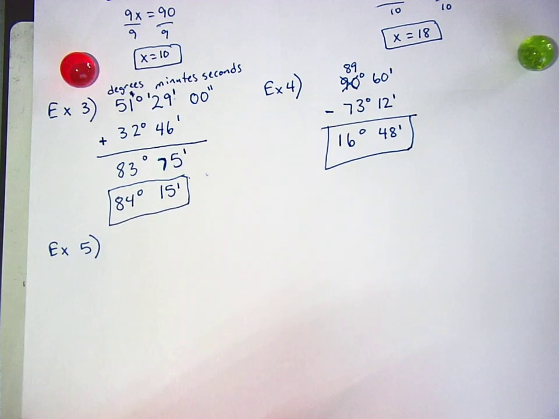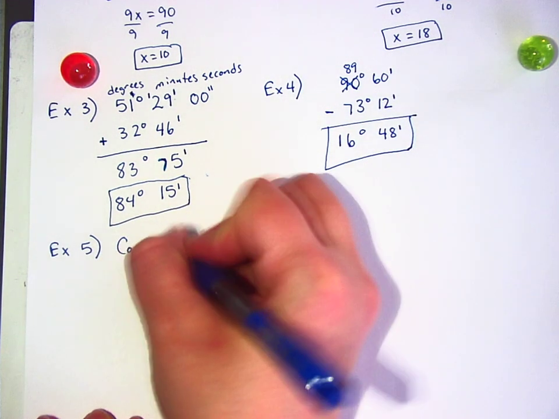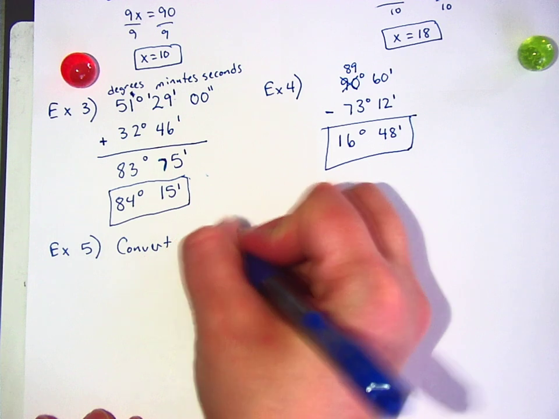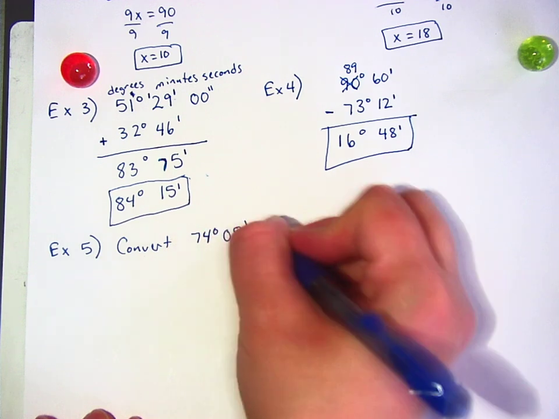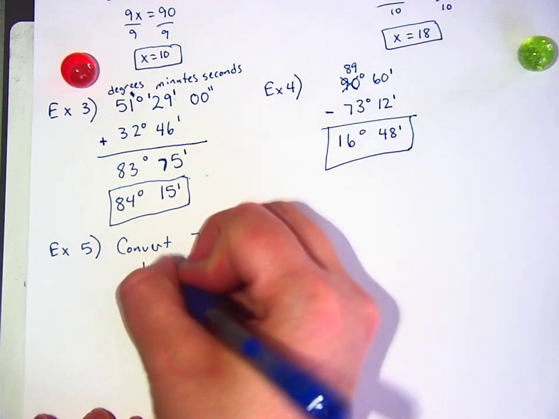Example 5. Let's convert 74 degrees, 8 minutes, and 14 seconds to decimals.